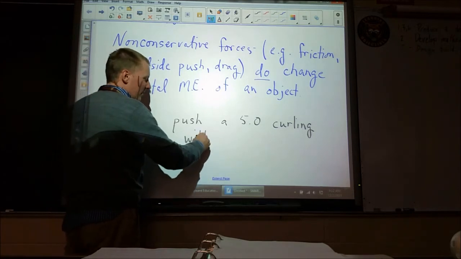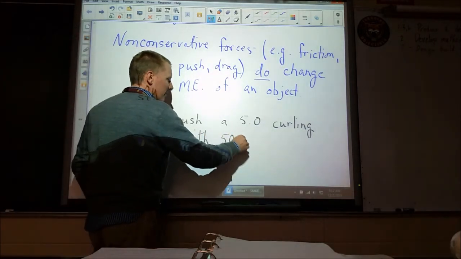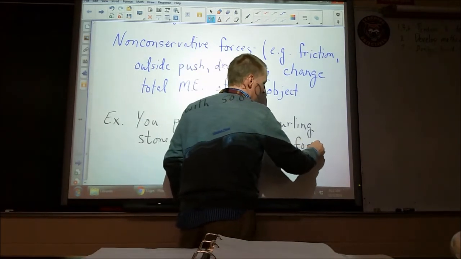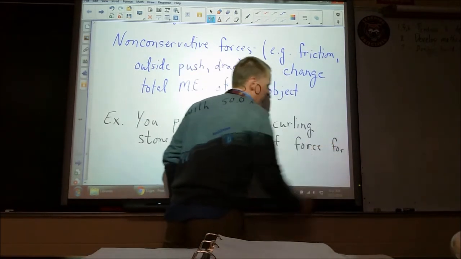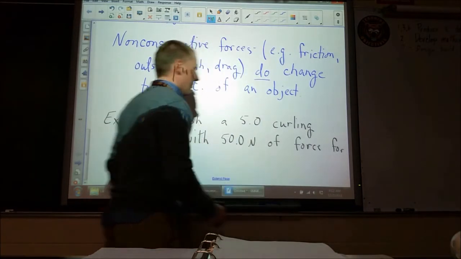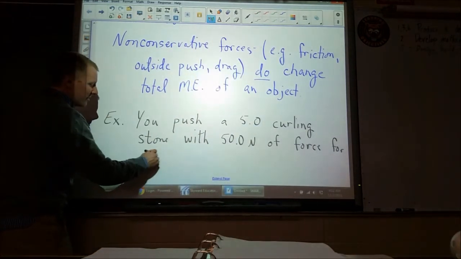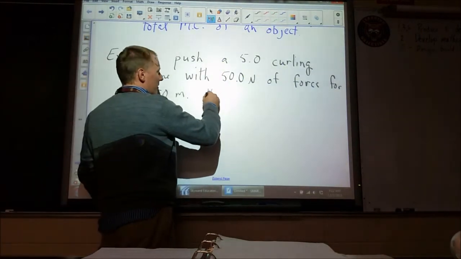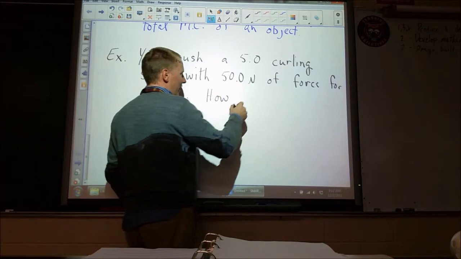With 50 newtons of force, and your launch is probably only about half a meter, or 0.5 meters. How fast will the stone be going at release?